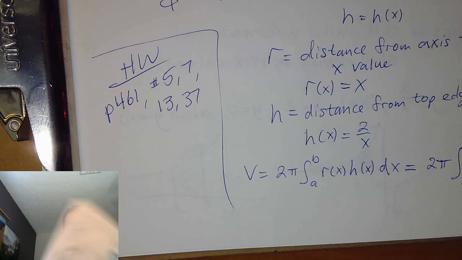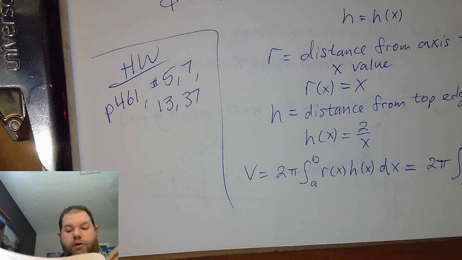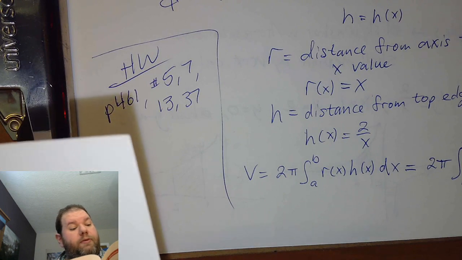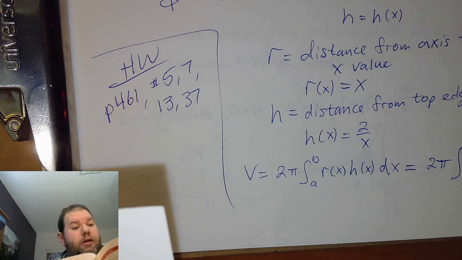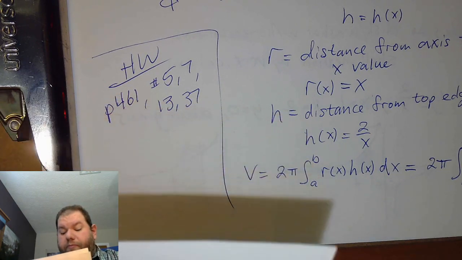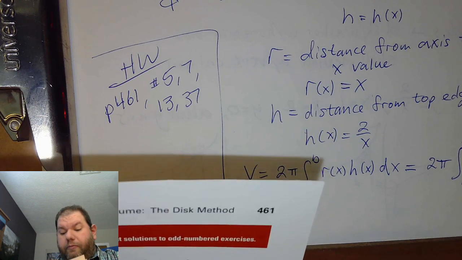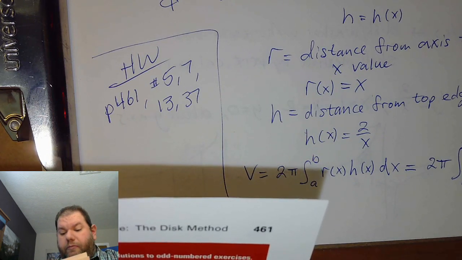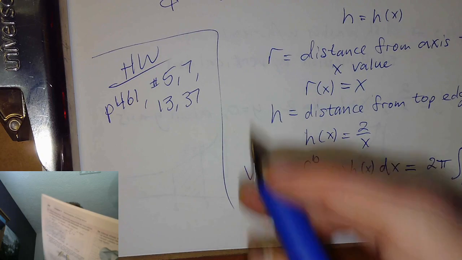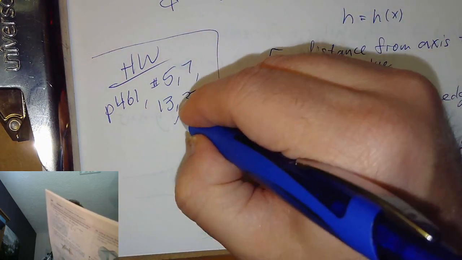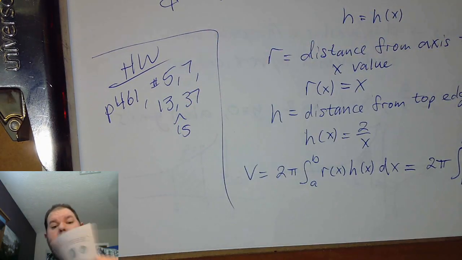I won't assign any just yet for the shell method, so just work on the disk and washer method problems for now. Go ahead and add 15 in there, since we're just working on that one section.